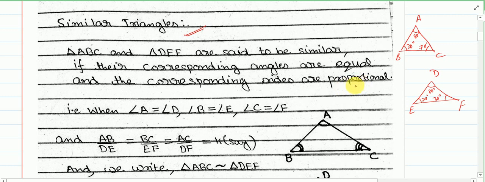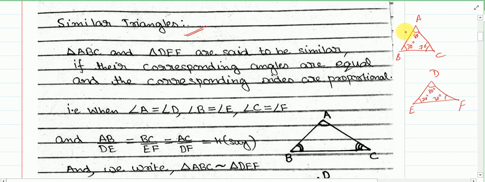Consider triangle ABC: side AB contains which two angles? 80 and 30. So the corresponding side of AB in triangle DEF will be DF. So these sides have to be proportional.